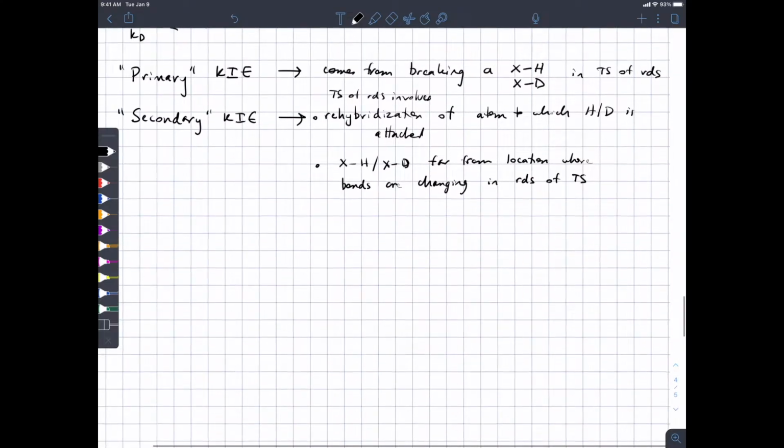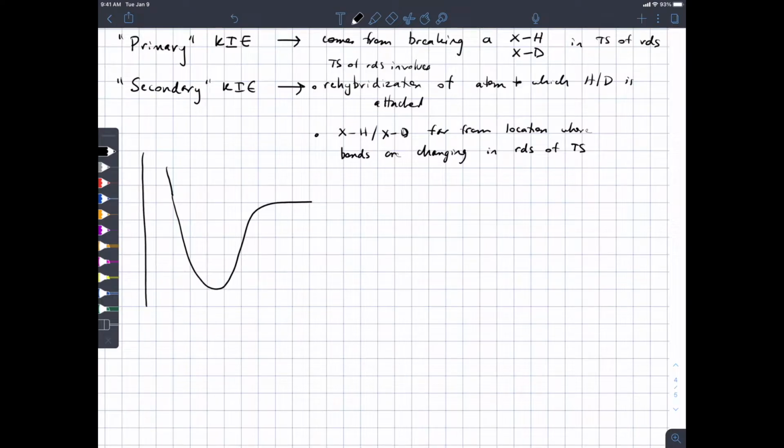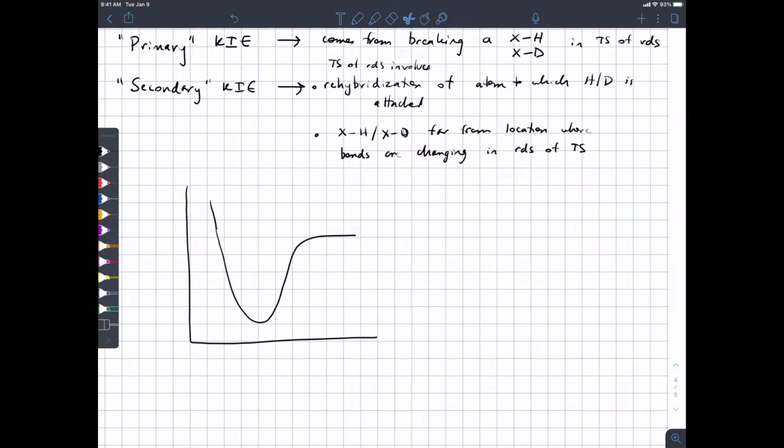What I remember learning as an undergraduate about kinetic isotope effects was that if you consider this an energy diagram for a bond between some atom X and hydrogen, on this axis we have energy, and on this axis we have bond distance between that atom X and hydrogen versus deuterium.